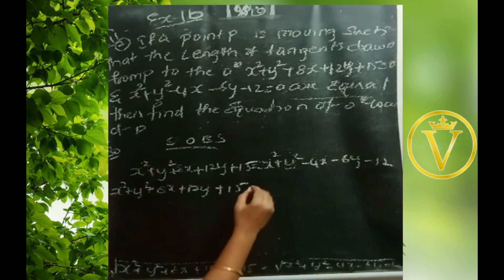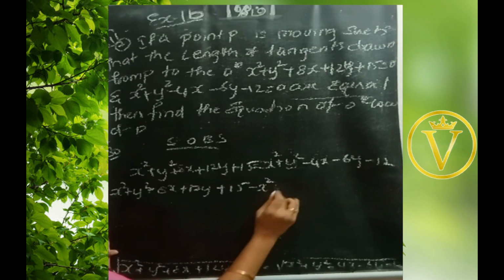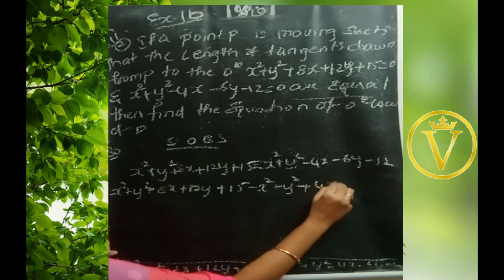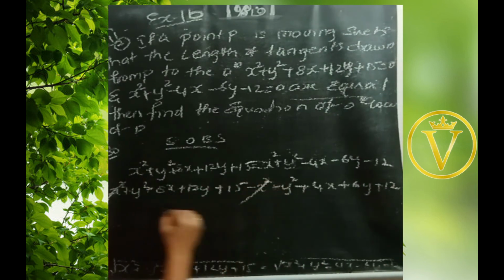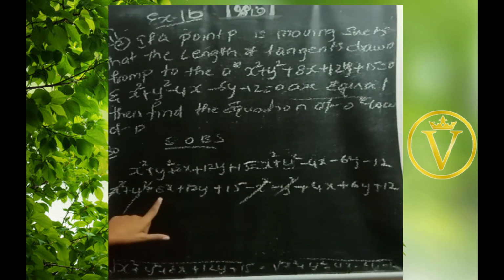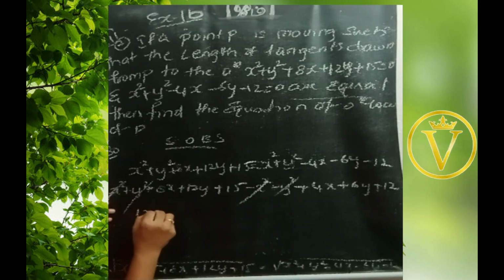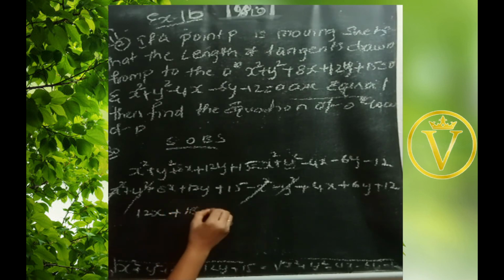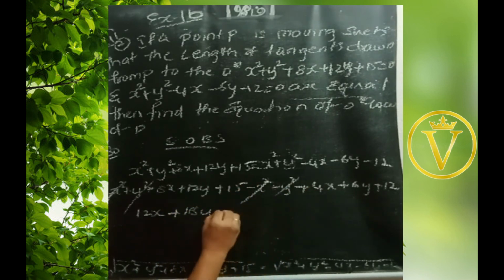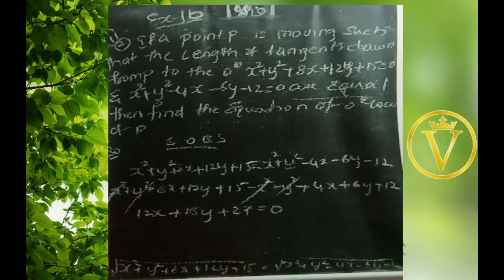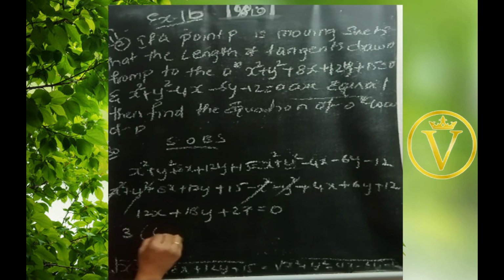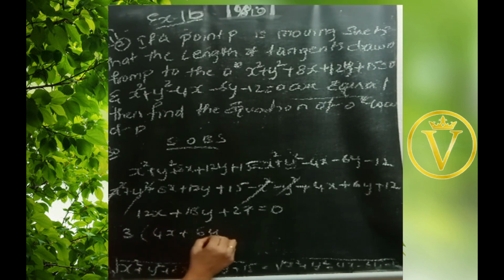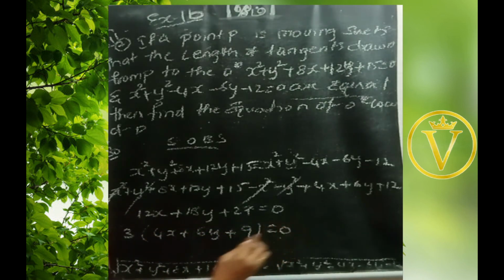Now convert here minus y square plus 4x plus 6y plus 12. Here x square and y square will get cancelled. 8x plus 4x is 12x. 12 plus 6 is 18y. 15 plus 12 is 27 equals 0. Now take 3 as common. You will get 4x plus 6y plus 9 equals 0.